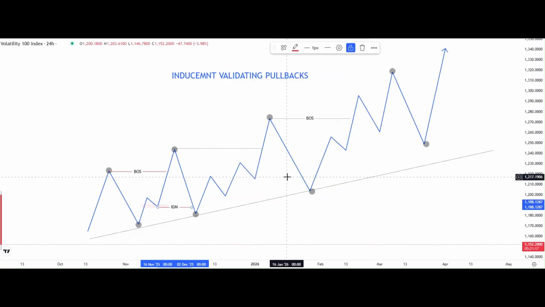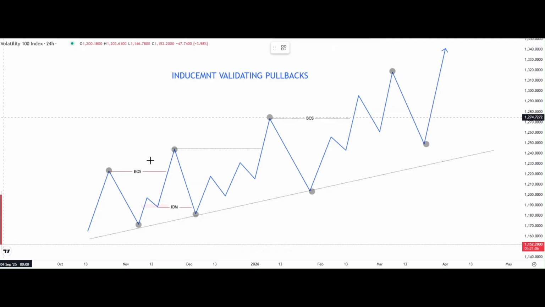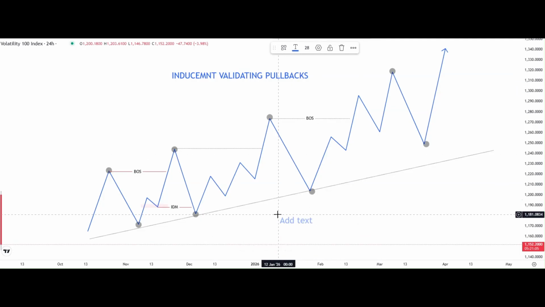That is a trap. Some people would call this also a change of character or market structure shift, whatever you want to call it. But as you're looking at a bearish market or a bullish market, you want to keep the bias based on bullish references, right?